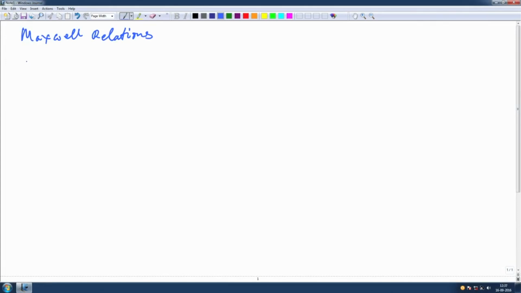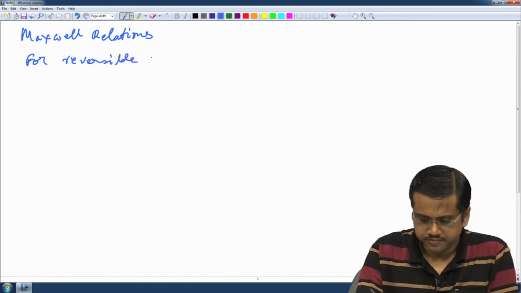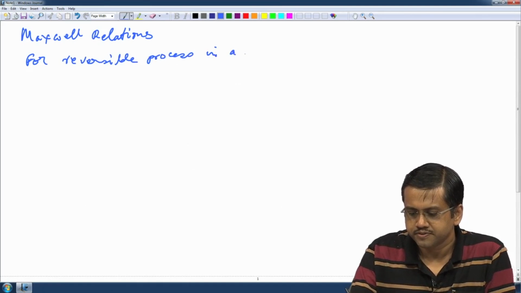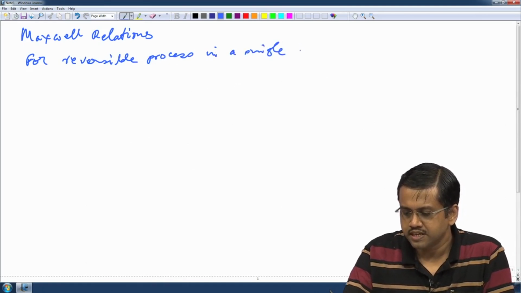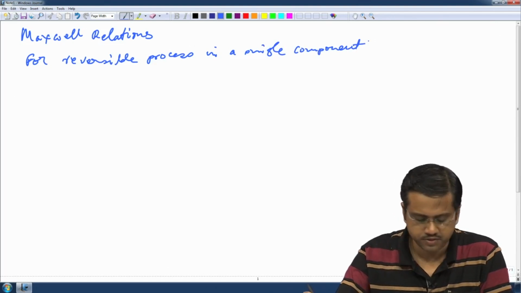Now, for a reversible process in a single component, we are still in the single component, we have not gone into the multi-phase multi-component part as of now.